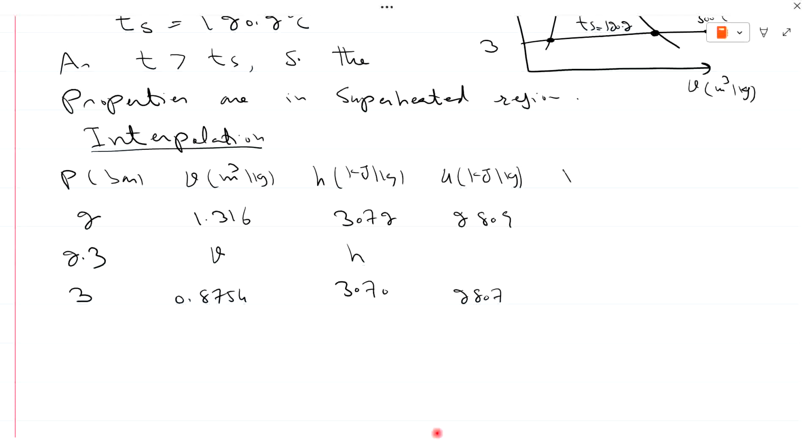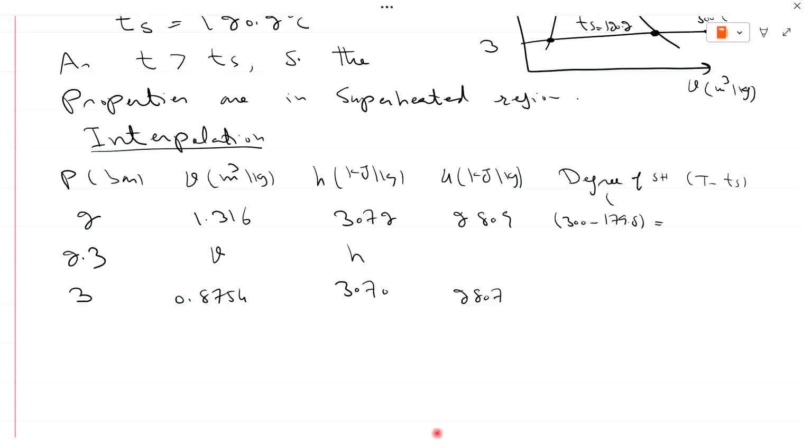And degree of superheat is T minus Ts, so here the superheated temperature is 300 degrees centigrade minus the saturation temperature.